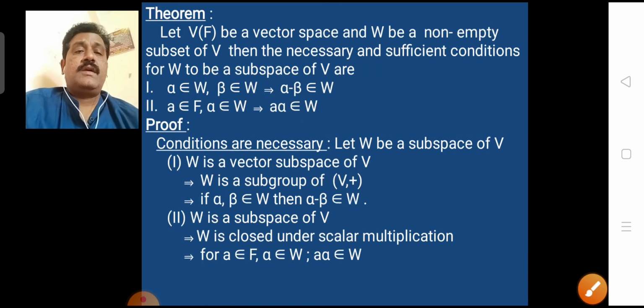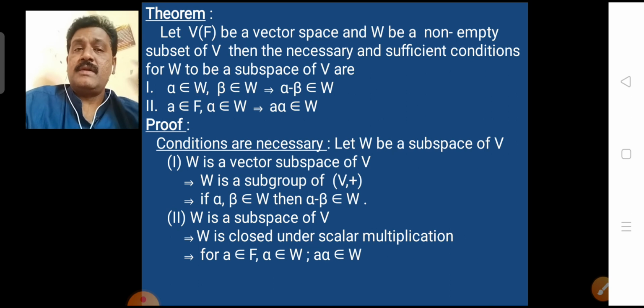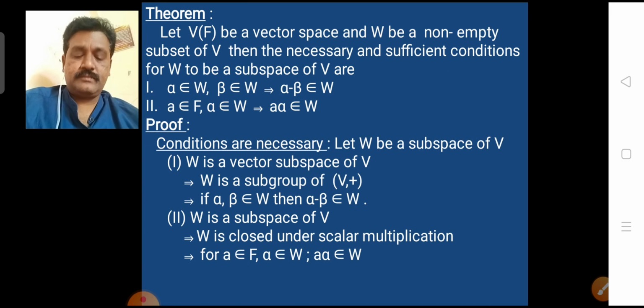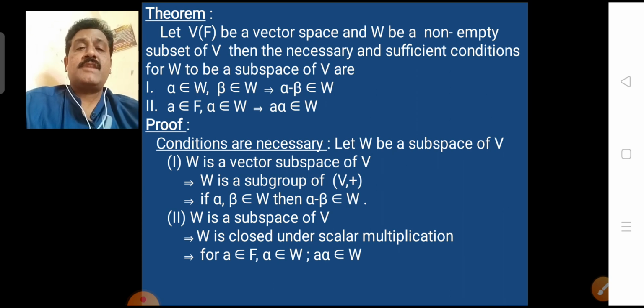Let us take a theorem. It is an important theorem. This theorem tells about the necessary and sufficient conditions for a non-empty subset W of a vector space V to be a subspace of V. The necessary and sufficient conditions are two.